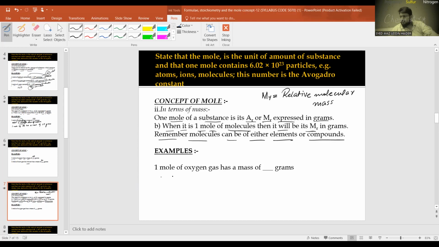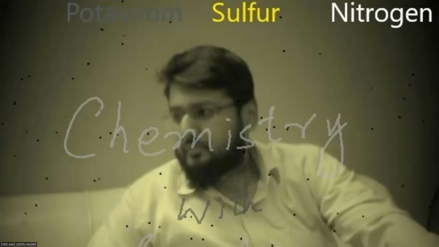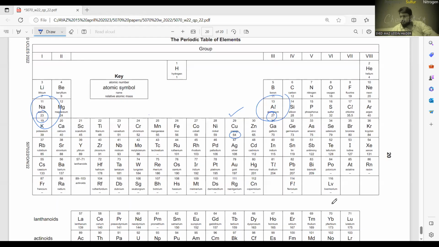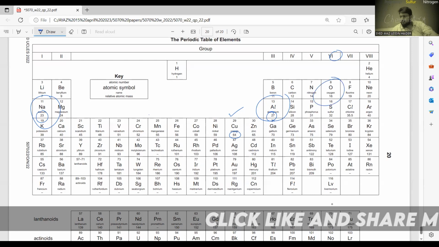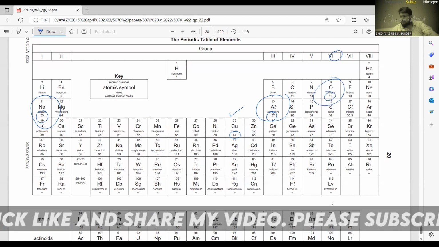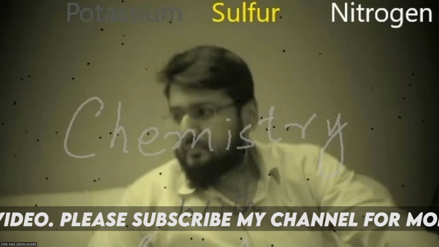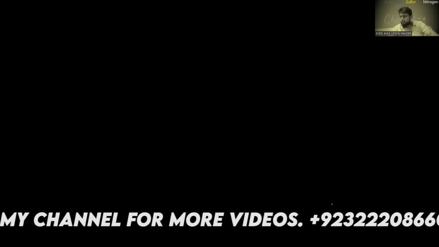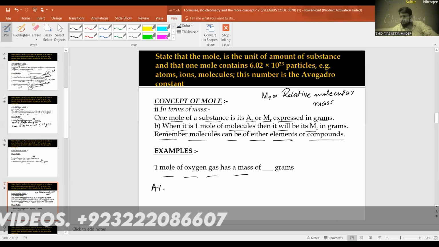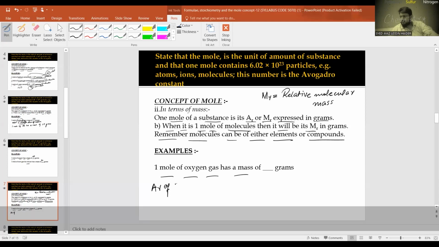For example, 1 mole of oxygen gas has a mass of dash grams. First of all, I will look at the AR of oxygen. Where is oxygen? It's in group 6. This is oxygen. AR of oxygen is 16.